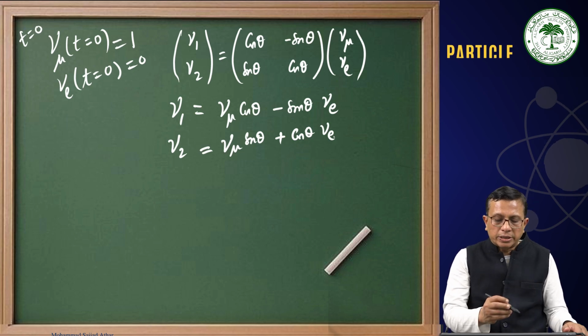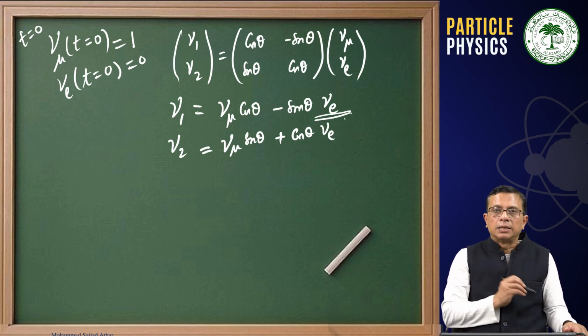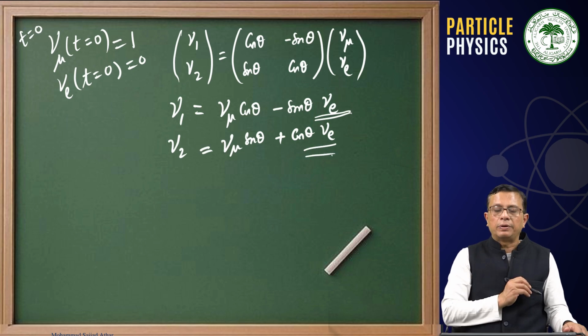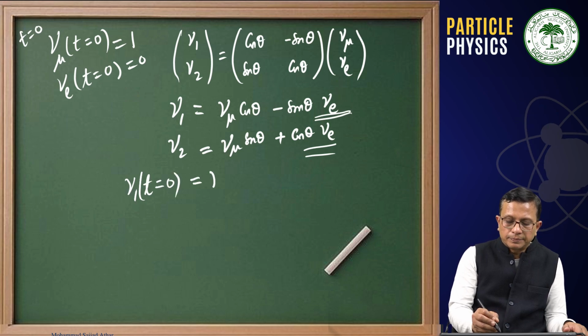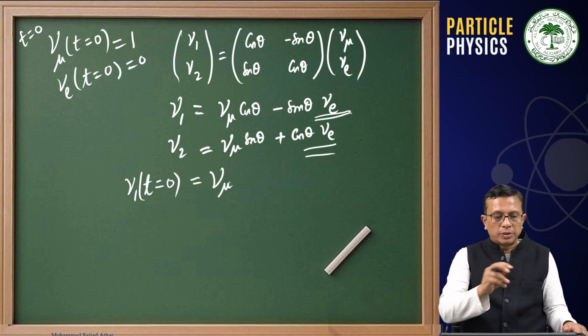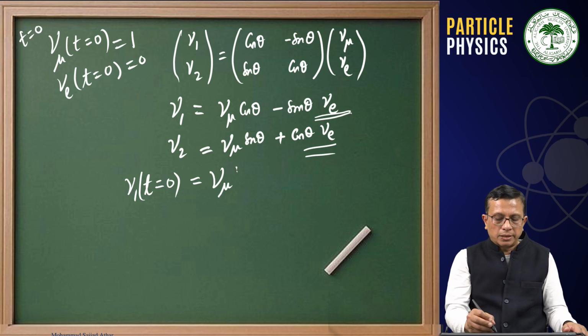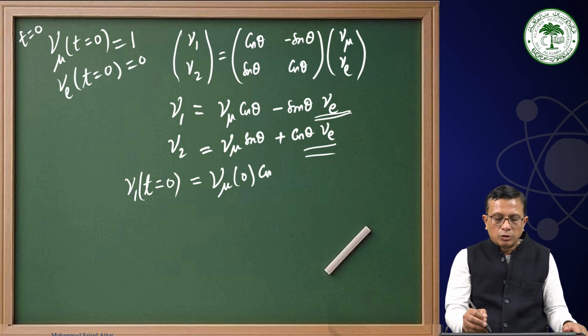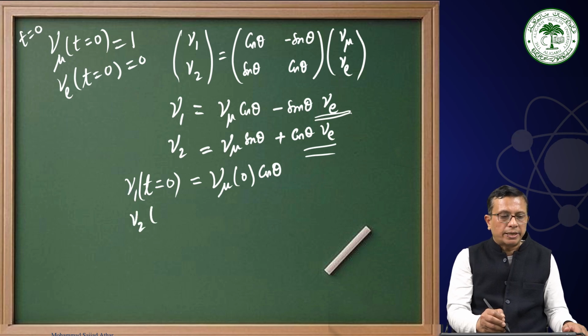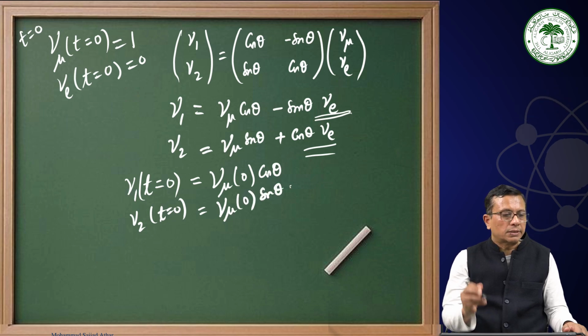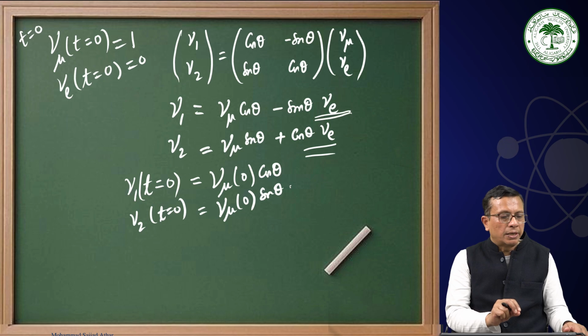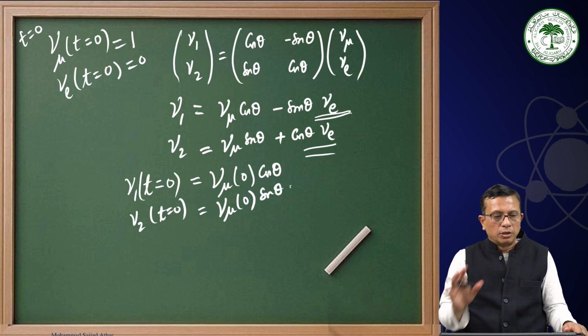At that point the nu e term will not be there. Therefore, at time t equal to 0, nu1 at t equal to 0 is nu mu at t equal to 0 with cosine theta, and nu2 at time t equal to 0 is nu mu at 0 with sine theta. Therefore, this we have to keep in mind when we are talking about neutrino oscillation.